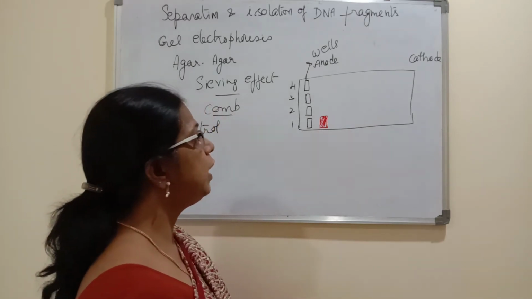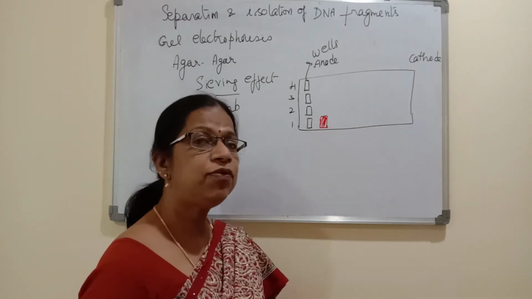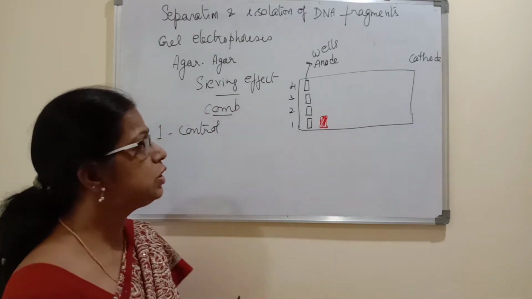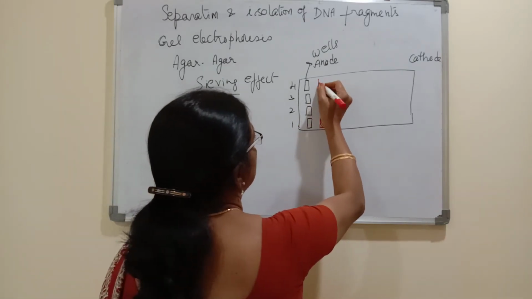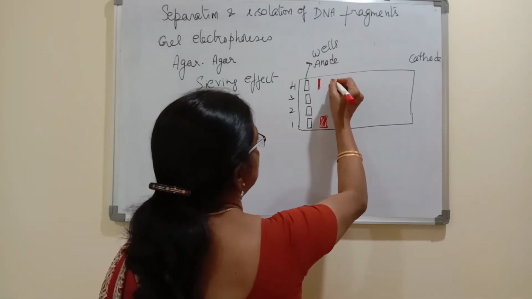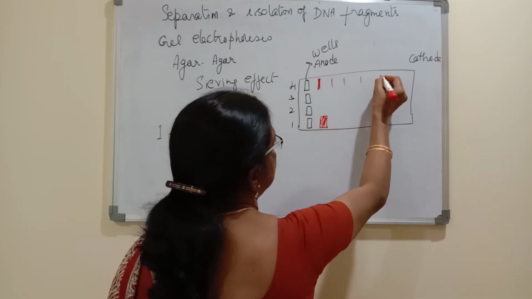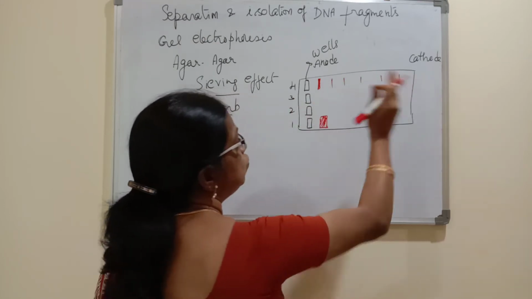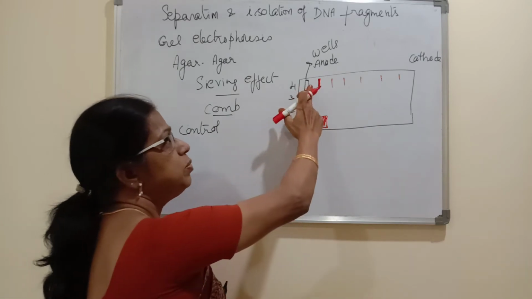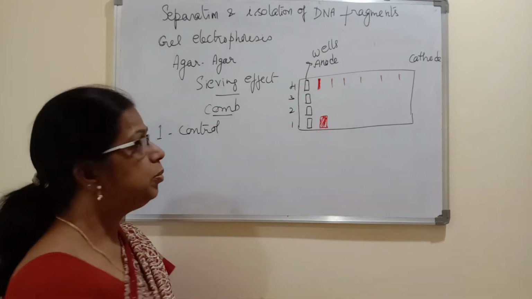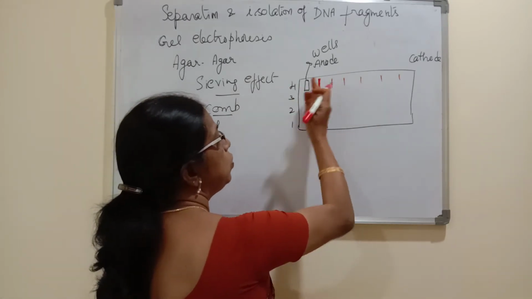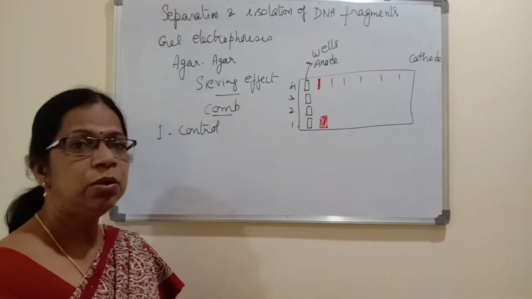But in the other 3 wells, treated with different restriction enzymes, we find different sizes of fragments. The smaller the size, the faster it moves, away from the starting point. The bigger ones stay closer to the starting point.